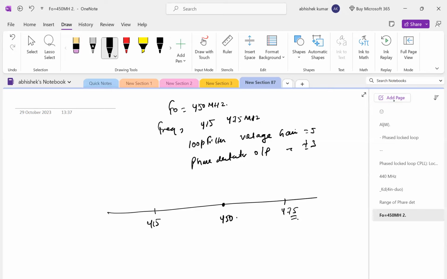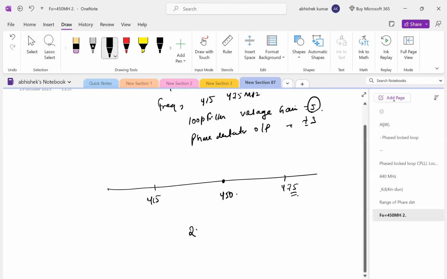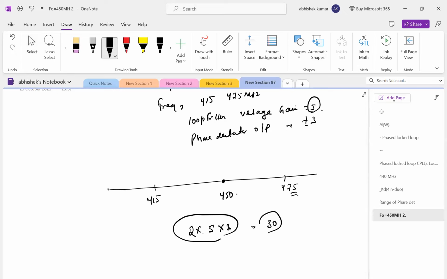So we can have the lock range, that the phase detector, the maximum phase detector, can generate the values. You can see our lock range will be 2 megahertz into 5 into 3, that will give you 30.